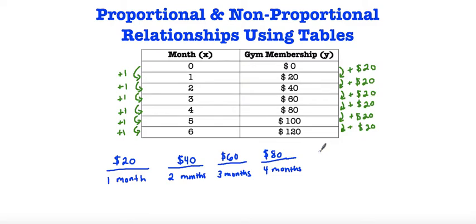After 5 months, it's $100. And after 6 months, it's $120.